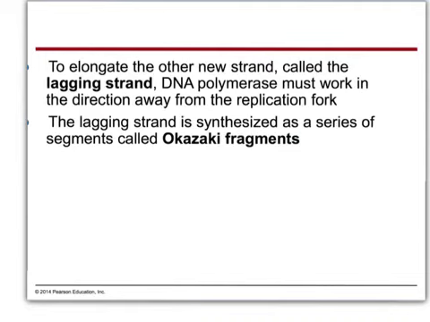At first you might ask, why doesn't DNA polymerase just have a 3' OH and work away from the replication fork and go that way? That was a big question for researchers, and it actually adjusted the model of how replication occurs, and you'll see that in a little bit.